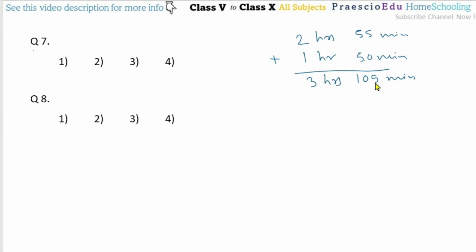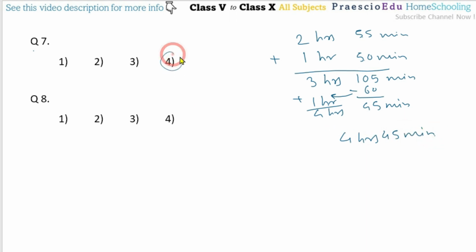But 105 minutes cannot stay like that, so we deduct 60 and add it as 1 hour. It is a conversion. So 105 minus 60 is 45 minutes, and this makes 4 hours. So 4 hours and 45 minutes is the total time he has studied. This is given in option number 4.